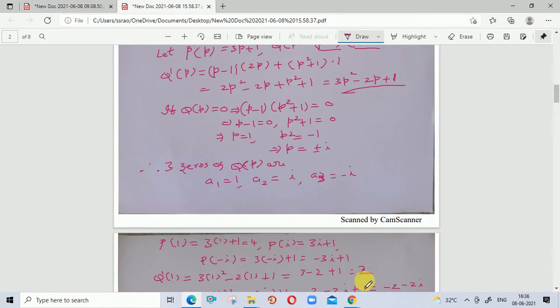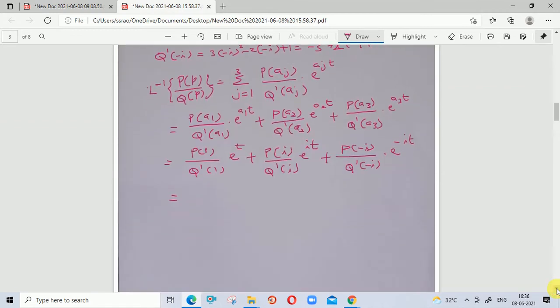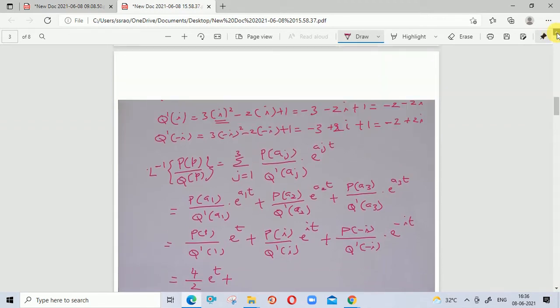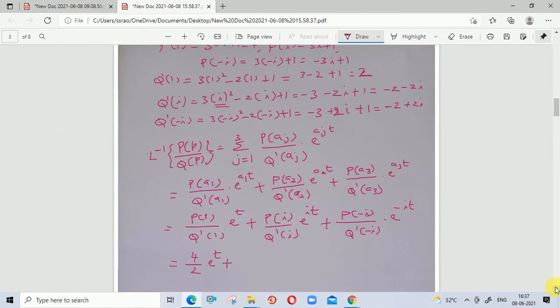So here 4/2 e power t plus P of i. P of i is equal to 3i plus 1. Q dash of i is equal to minus 2 minus 2i. So 3i plus 1 by minus 2 minus 2i, e power it.